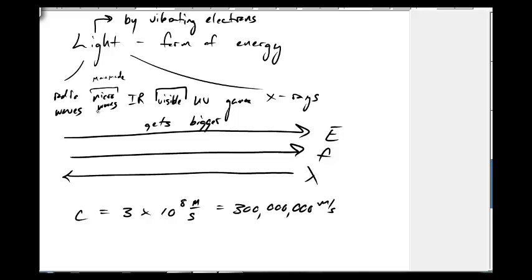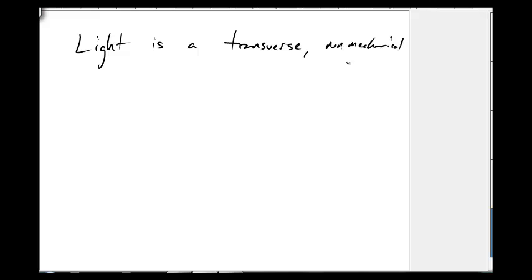So we use this light in a variety of different capacities. And of course, we know that they vary in frequency, wavelength, and energy from our chemistry course as well. If we want to get into the vocabulary, light is a transverse, non-mechanical wave.